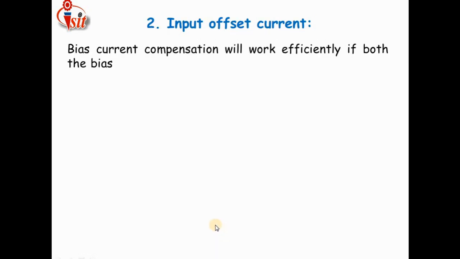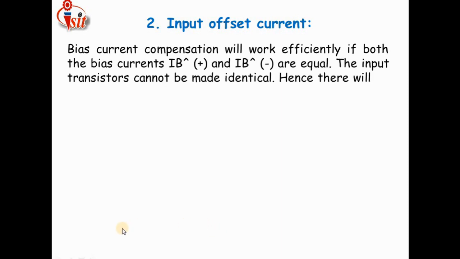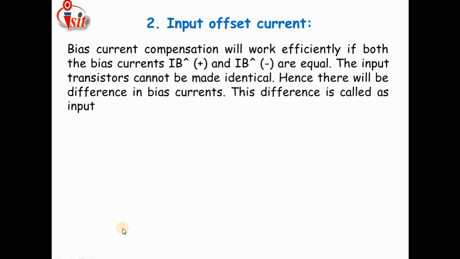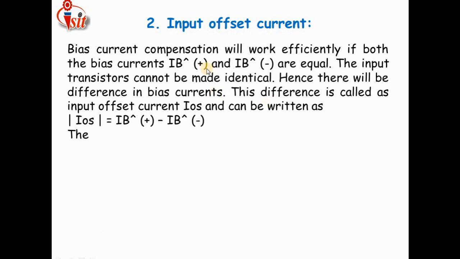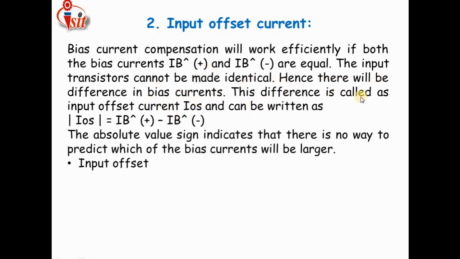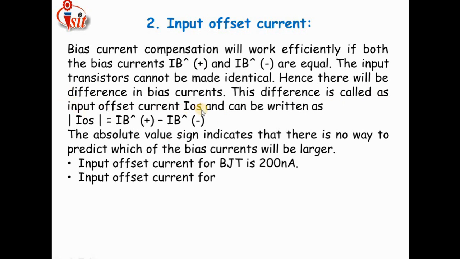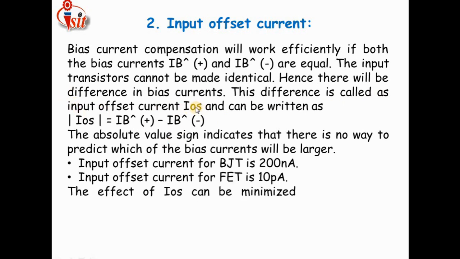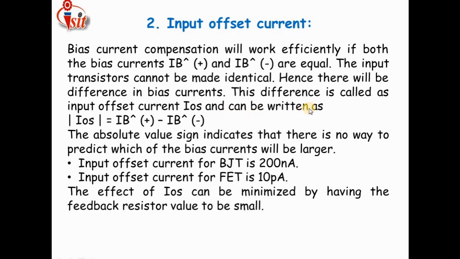Then the input offset current, this is the second terminology. The bias current compensation will work efficiently only if both bias currents, IB positive and IB negative, are equal. The input transistors can never be made perfectly identical, hence there will be a difference in the bias currents. This difference is called the input offset current, IOS. IOS can be written as the absolute value of the input bias current at the non-inverting terminal minus the input bias current at the inverting terminal.